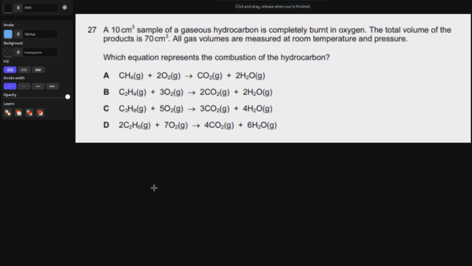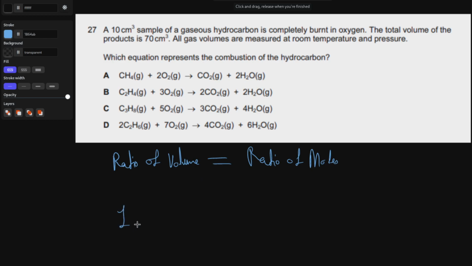You will be using a simple understanding that the ratio of volume is always equal to the ratio of moles. So basically, if you know what the volume is for each of the things, then perhaps you can find out the ratio of moles as well. So let's try to understand this further.